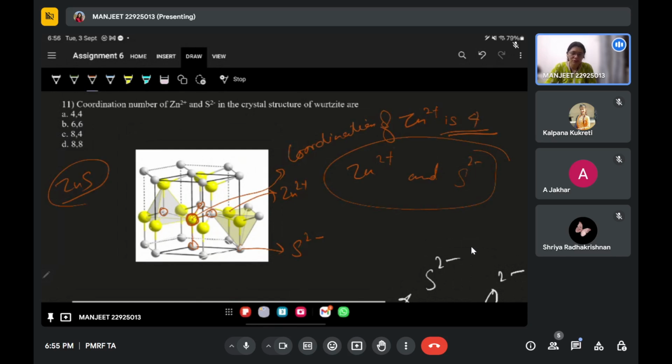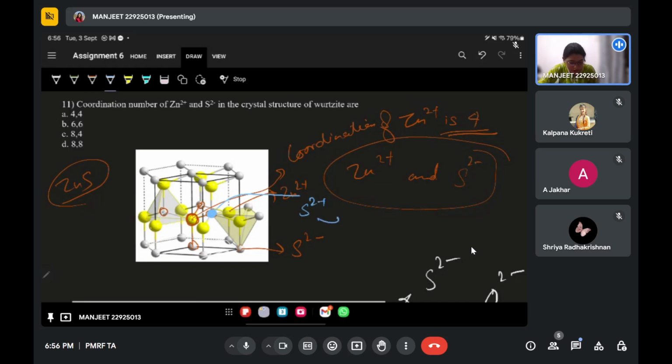This is the S2 negative. Look at one sulfide and check how many zinc are connected to this S2 negative. That will be the coordination number for the S2 negative. Okay, let's see, this is your sulfide. This is S2 negative. Now check how many Zn2 positive are connected to this sulfide.